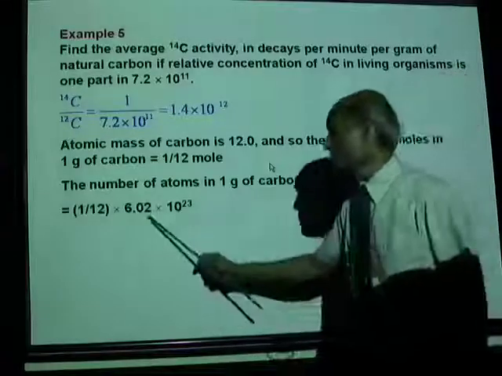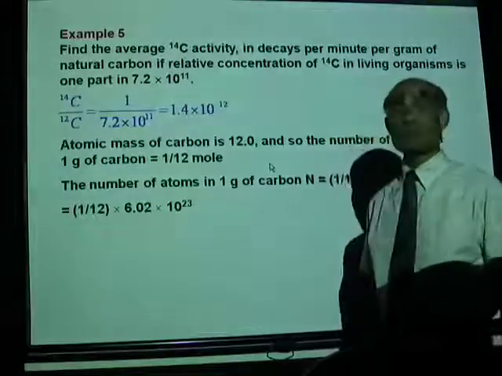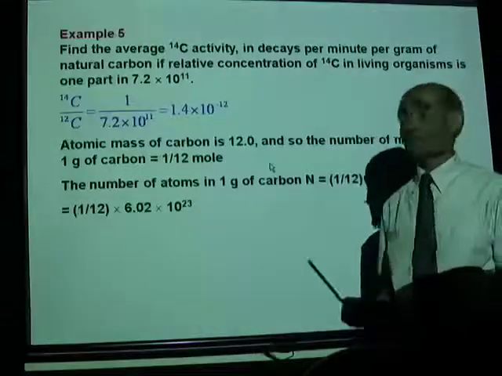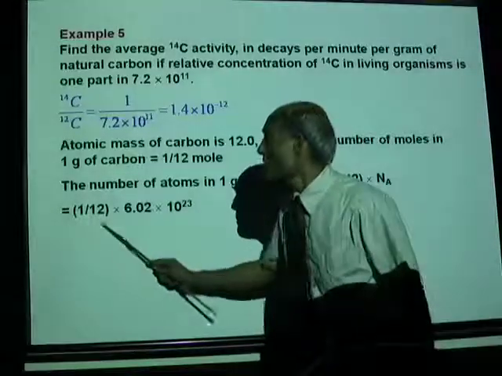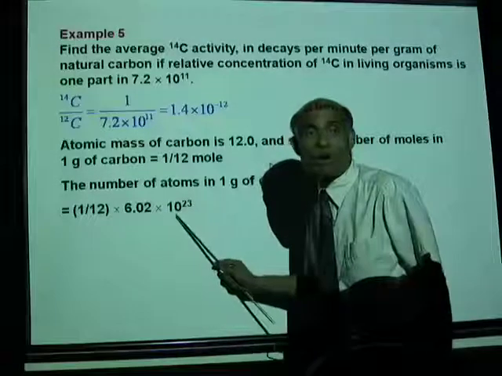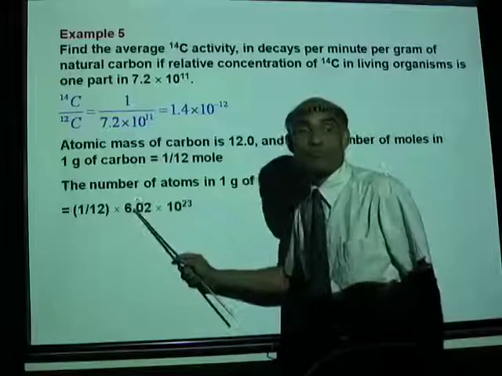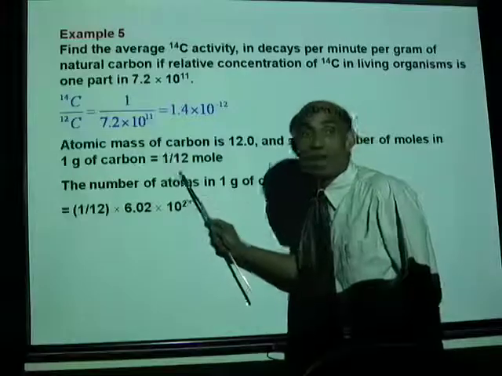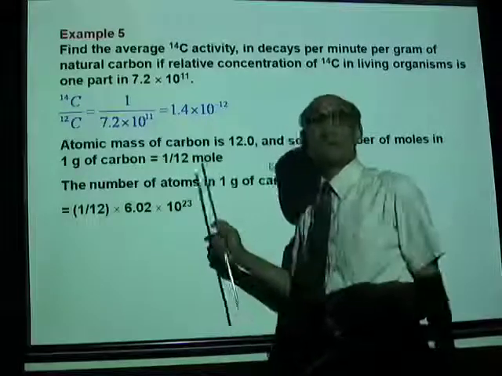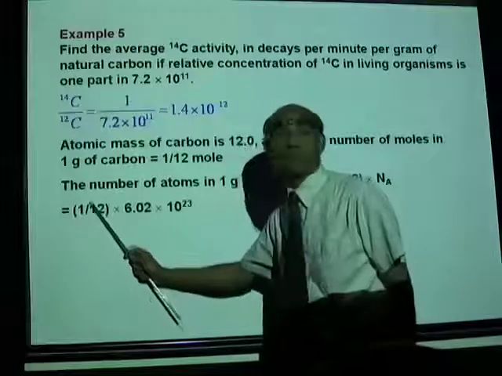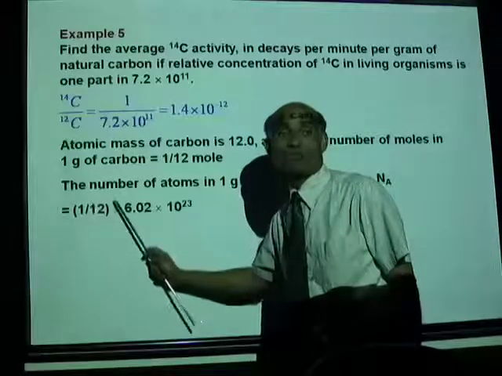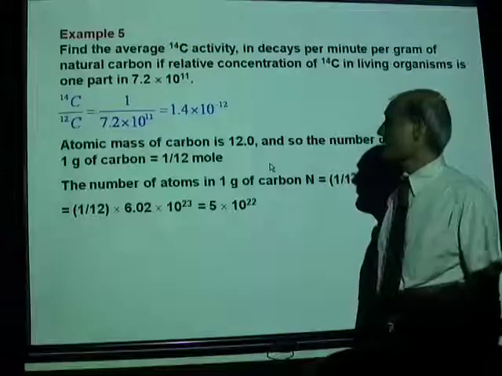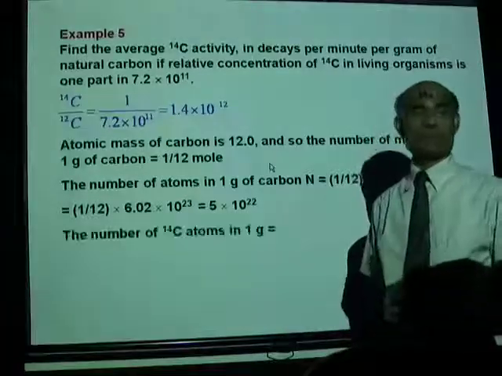Which is 6.02 times 10 to the 23. So the number of atoms in 1 gram of carbon is 1/12 of the number of atoms in 1 mole, and that is 5 times 10 to the 22 atoms.